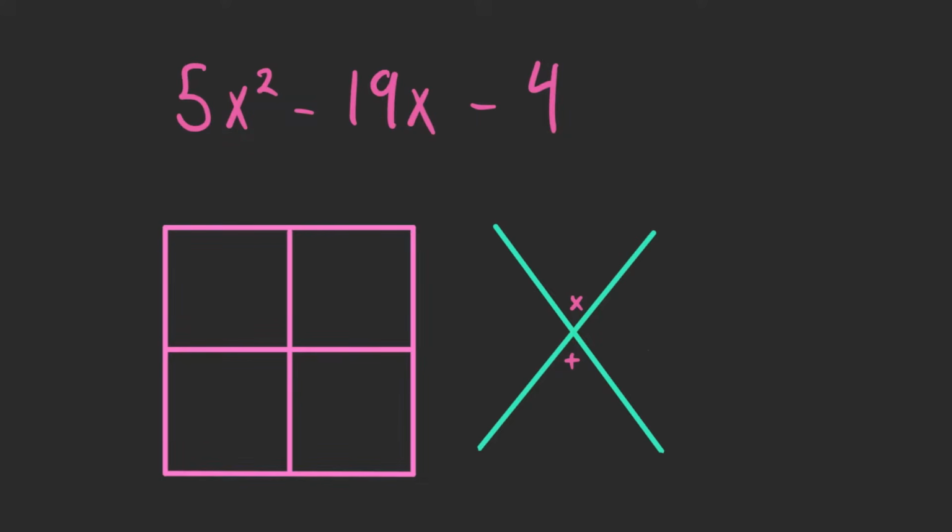All right, so the first thing we're going to do here is take our first term, 5x squared, and multiply that by our last term. So that'll be 5x squared times negative 4. A positive times a negative is a negative, so that's going to give me negative 20x squared.